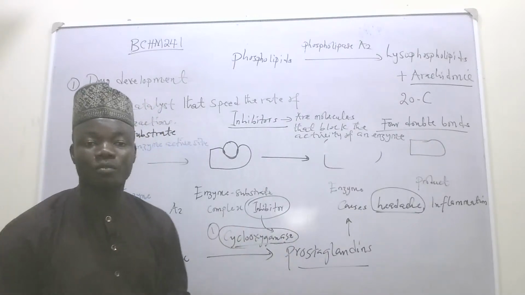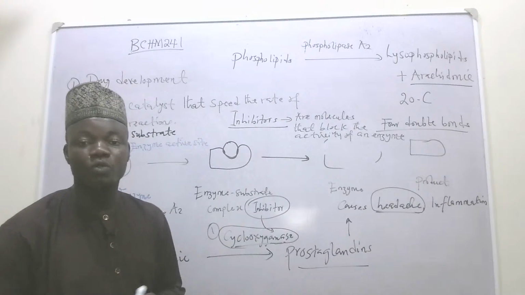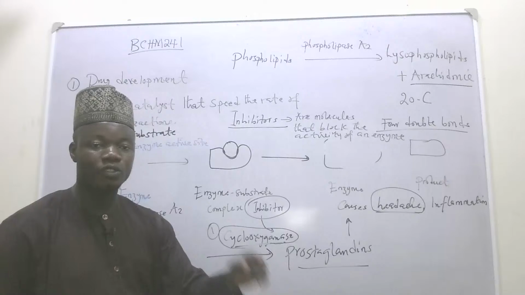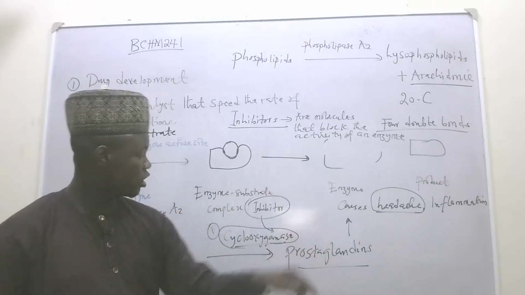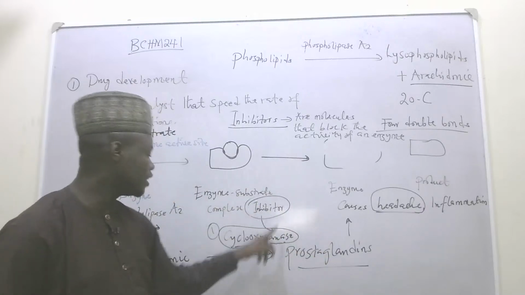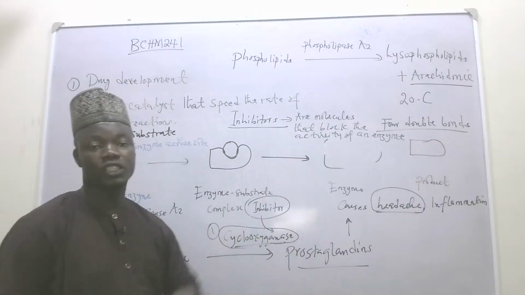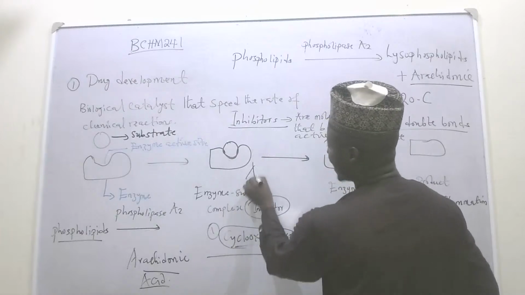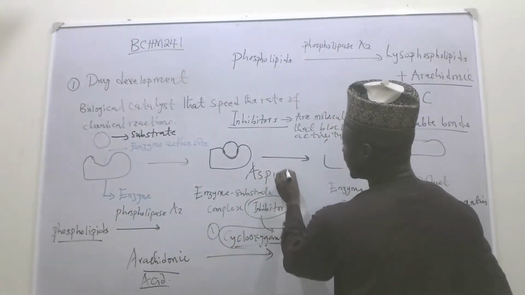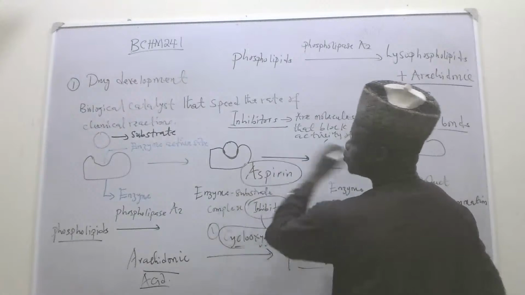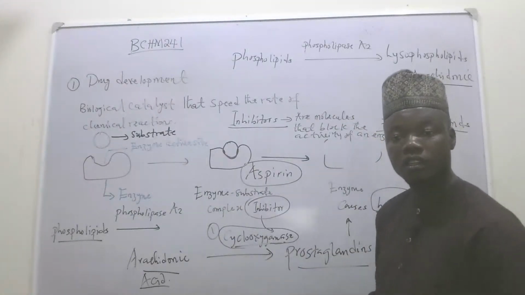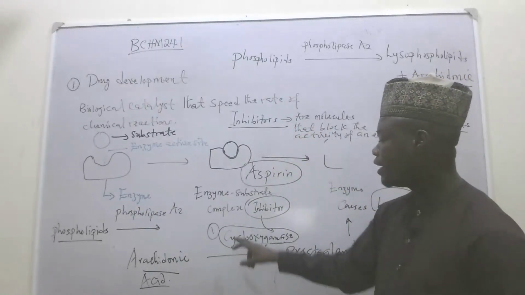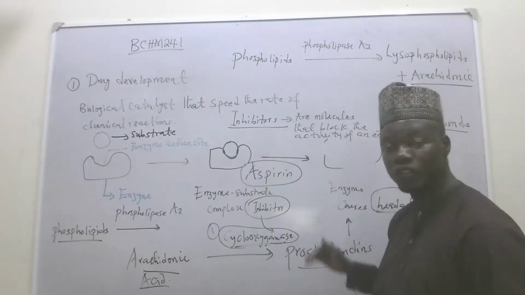So when we take paracetamol to prevent headache, it works by inhibiting the activity of cyclooxygenase. So this is the pathway or the mechanism of action of aspirin, and I think this is part of what we are going to discuss. So aspirin is a drug that blocks the activity of cyclooxygenase.